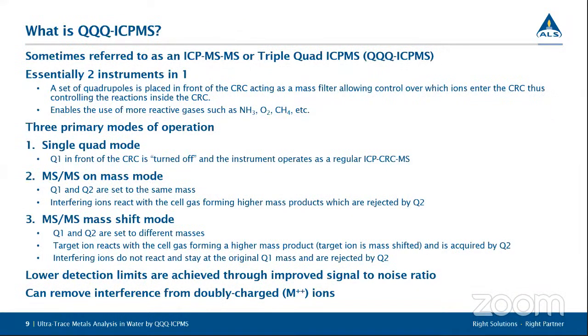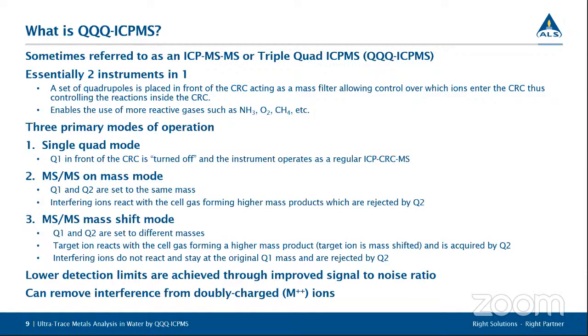Now that we have a basic understanding of current collision cell ICP-MS instruments, we can talk about what changes and improvements have been made with the triple quad ICP-MS. A side note is that triple quad ICP-MS are often just referred to as triple quad, but there are different notations used out there. ICP-MS/MS or QQQ-MS, or triple quad, seems to be the most common, but it could be something else.